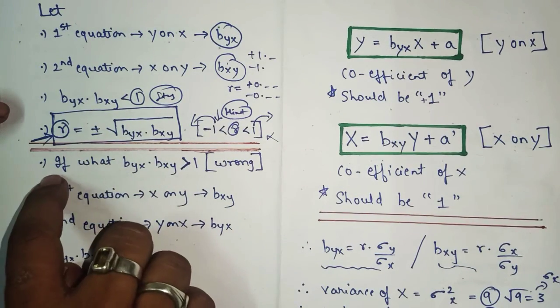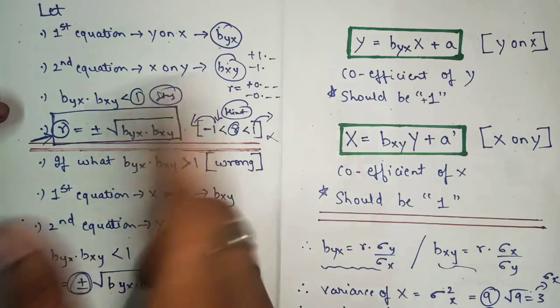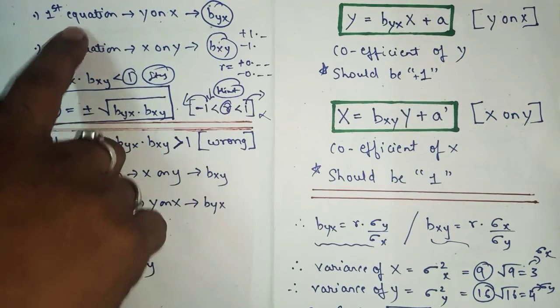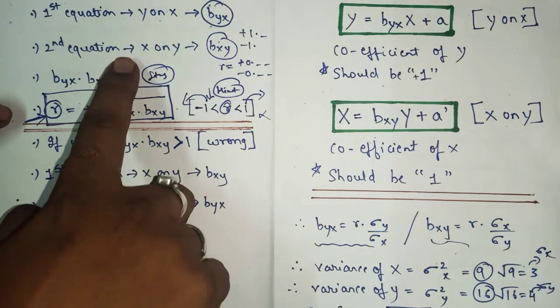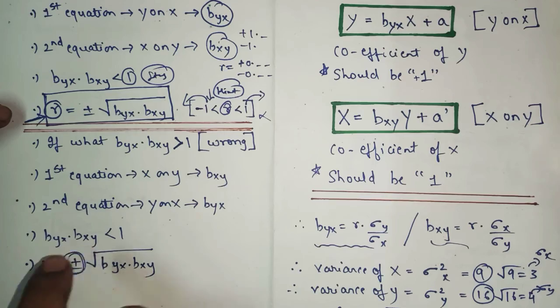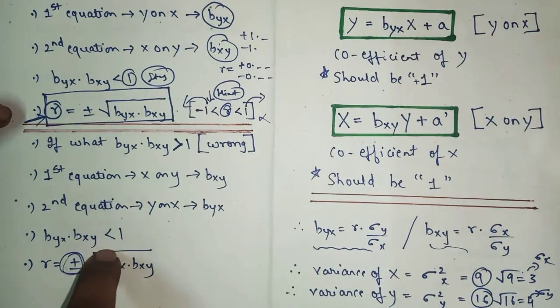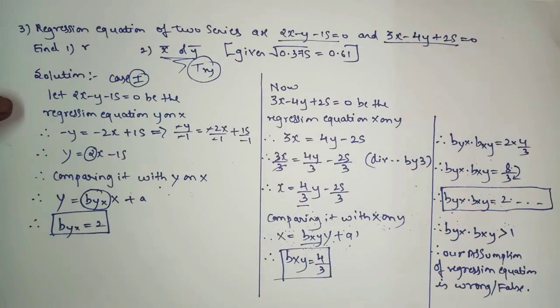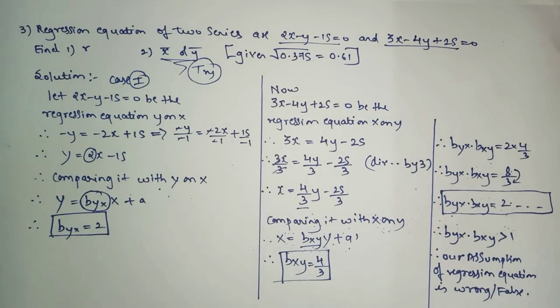If it is greater than 1, then we'll move on to case 2. We'll interchange the condition: we'll consider the first equation as x on y and the second equation as y on x. Again we'll check whether the product is less than 1, and in the second case you will get the answer less than 1. After that you will find the value of r as we saw in the sum.